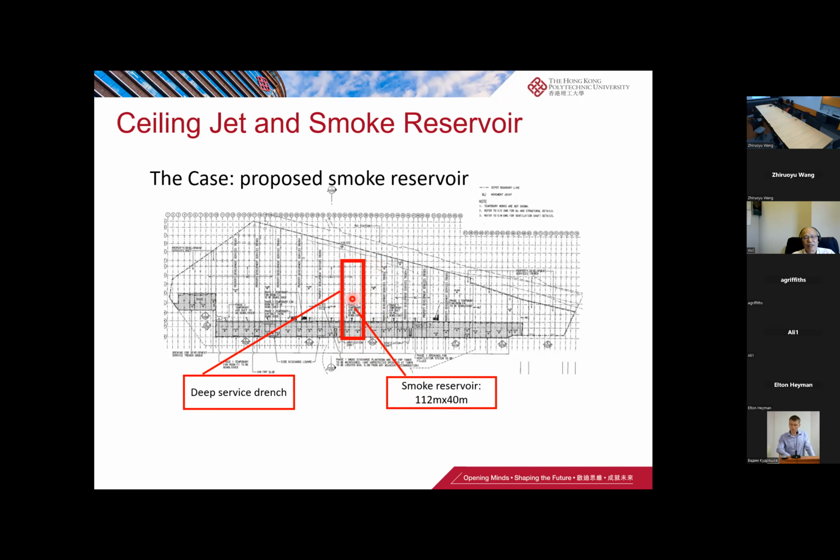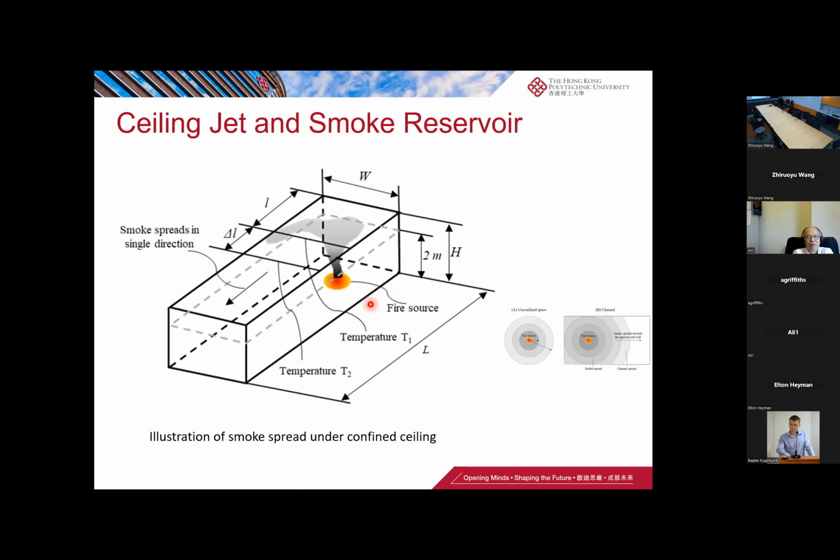Then we don't need additional smoke barriers in the center to divide this large smoke reservoir into reservoirs of less than 2,000 square meters, because there are a lot of services in the middle. To solve this problem, we simplify this smoke reservoir into this figure.